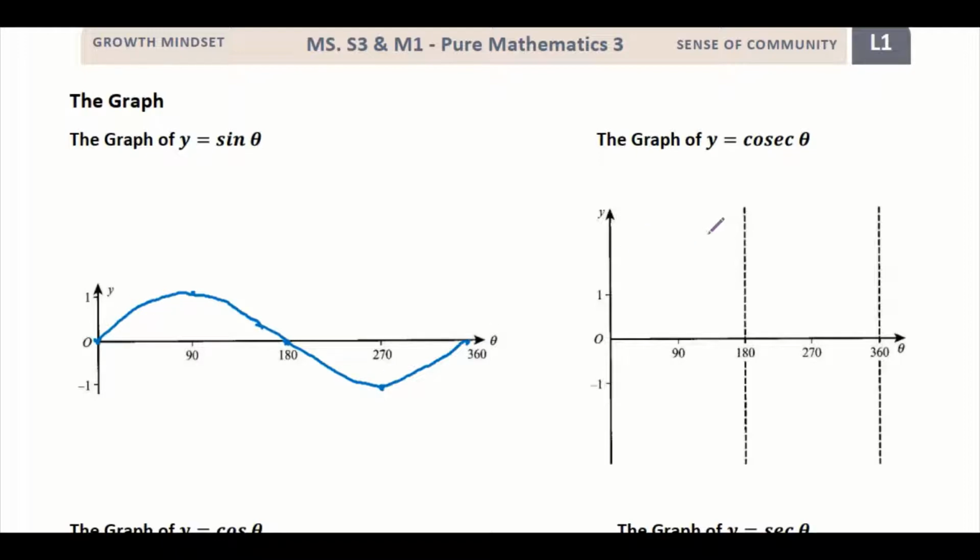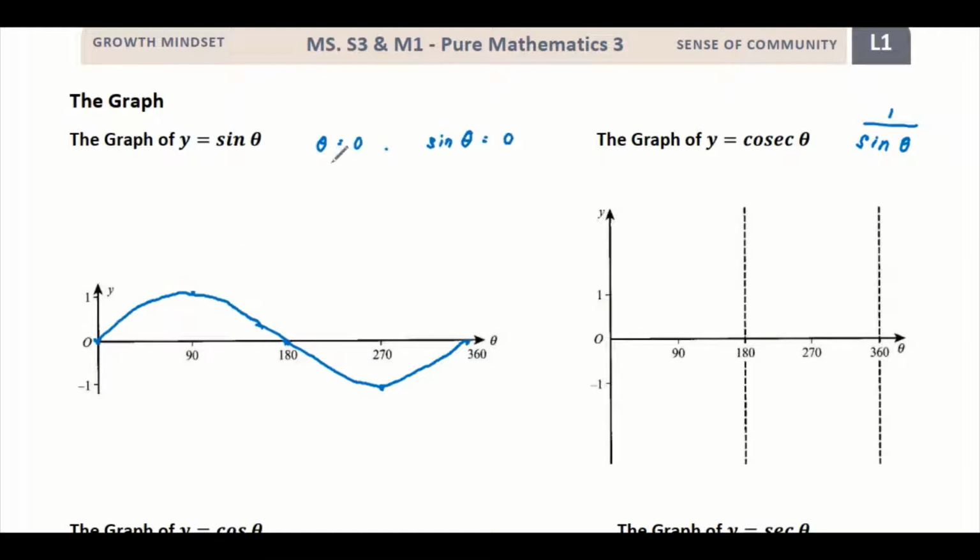Then after that, when we look at cosecant, how are we going to draw that? You know that cosecant is 1 over sine, right? So let's try to write down the important points so it will be easier for you. When theta equals 0, our y, sine theta, equals 0 as well.